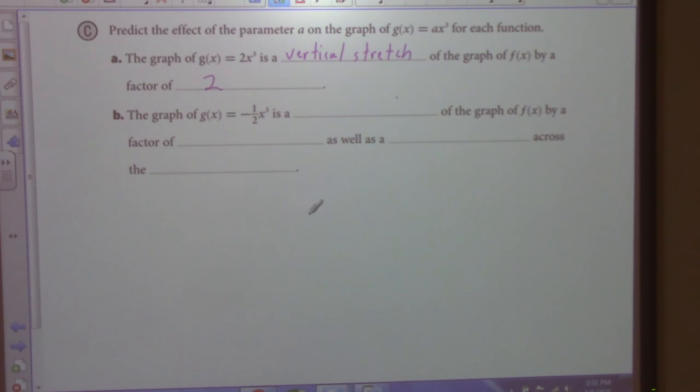There we go. I accidentally hit my little activator on the pen. Okay, the graph of g of x equals negative 1/2 x cubed is a what? Vertical compression. Vertical compression, huh?